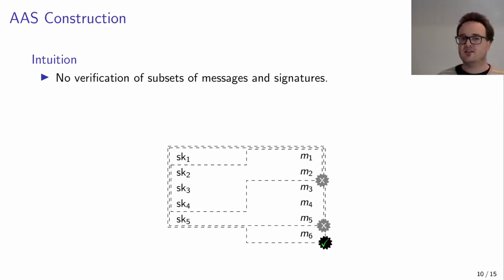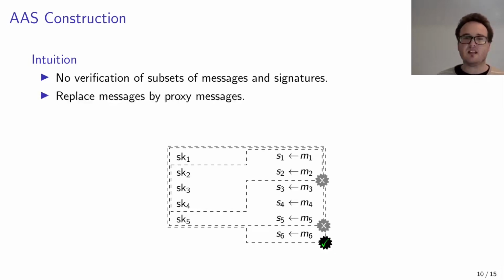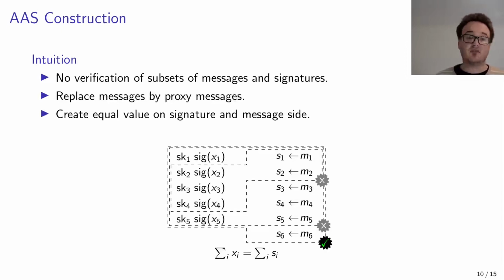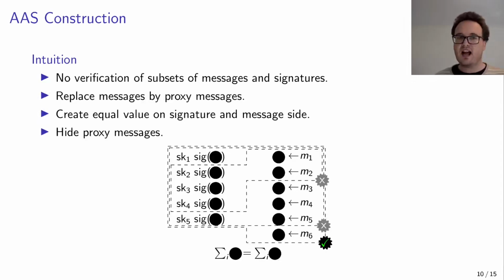So only if you verify all of them, you get all of them. And then what we do is we replace the messages by proxies, and we sign some random values, and we make sure that the random values and the proxies are equal. And then if we hide all the proxies and random values and show in zero knowledge that they're equal, then we can verify that without being able to verify any partial subsets.